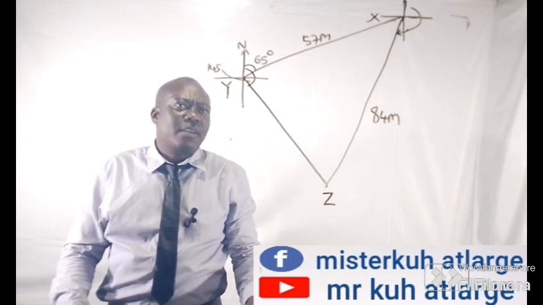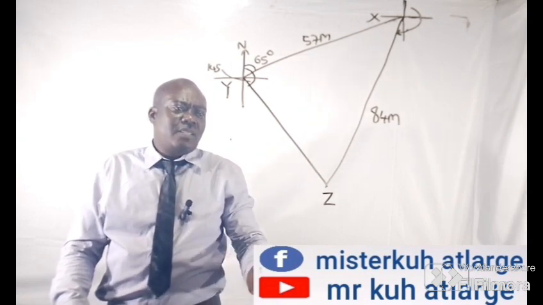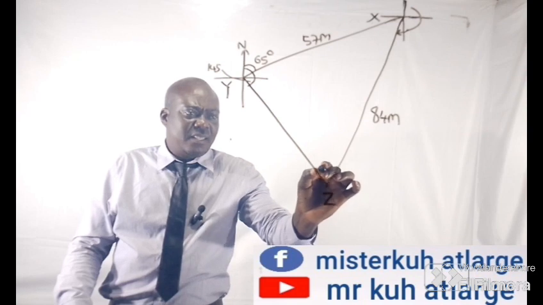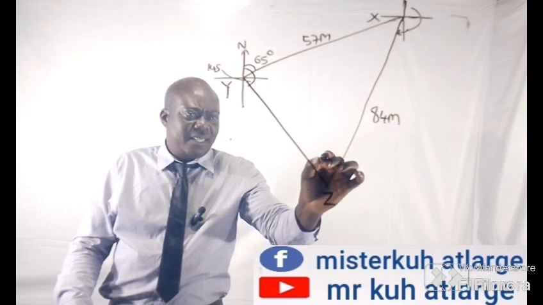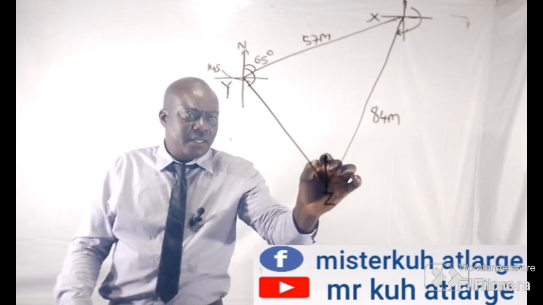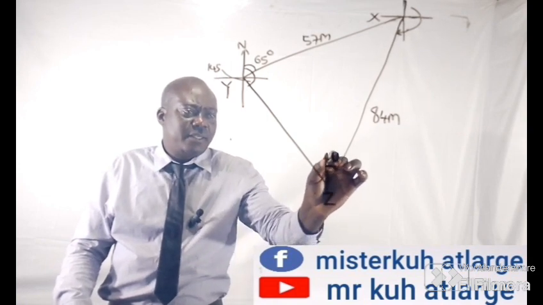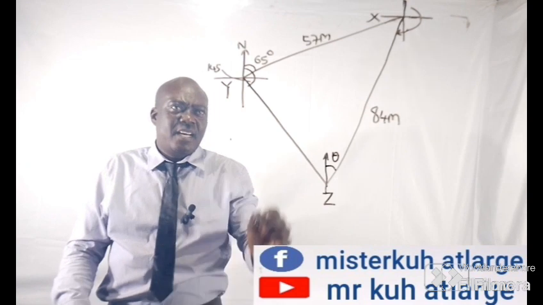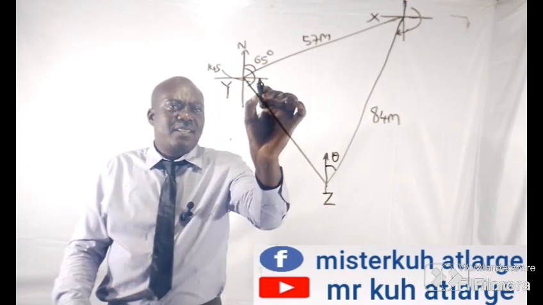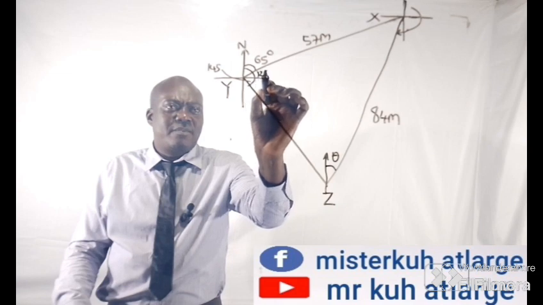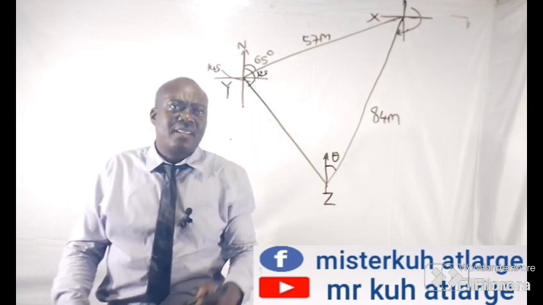So now we'll do our homework here. This angle here, let's call it theta. And now let's see. From here to here is 90. So since it stops here, this place will now be 25 degrees.